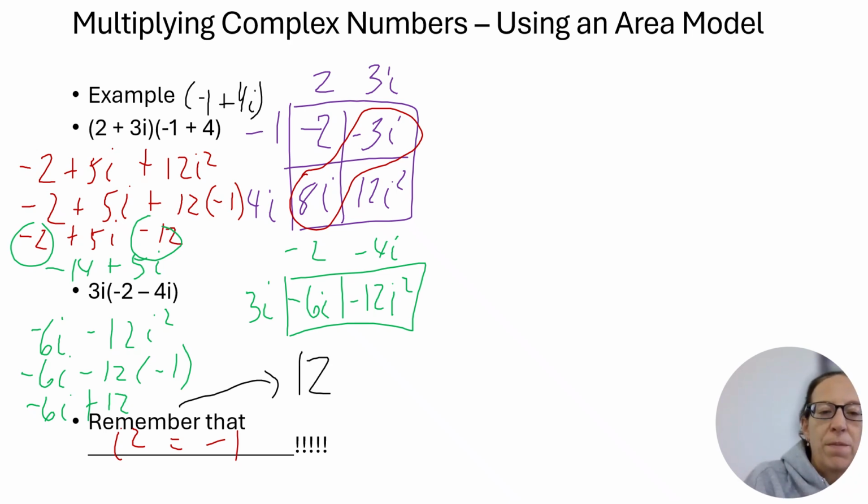We're going to do 12 minus 6i, or you could say 12 plus negative 6i would be fine to put in the final form. Okay, so a little bit more complicated than maybe you're used to. What is important to note is that when you get that i squared, that's equal to negative 1, so you actually have a little bit further you can go.